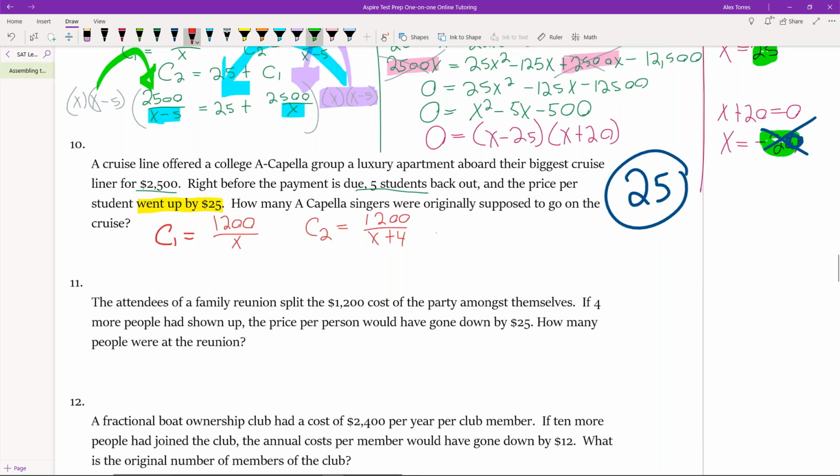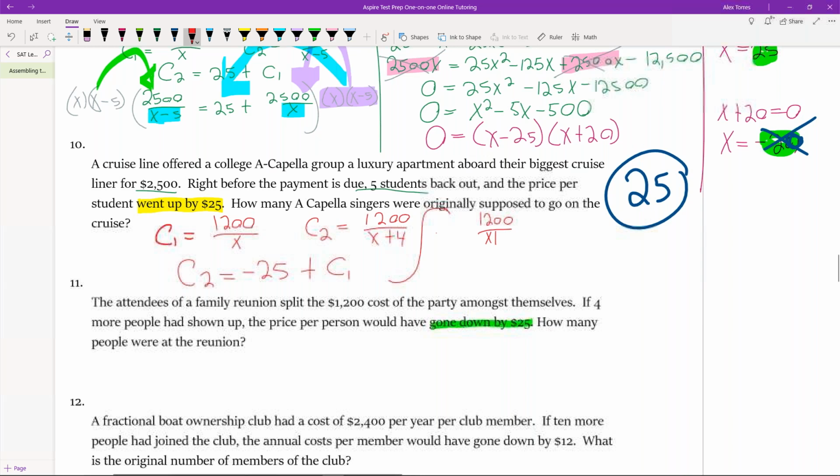And the unifying statement right here is saying that the new cost is 25 less than the old cost. And so we're just going to go ahead and fill in what we have into that.